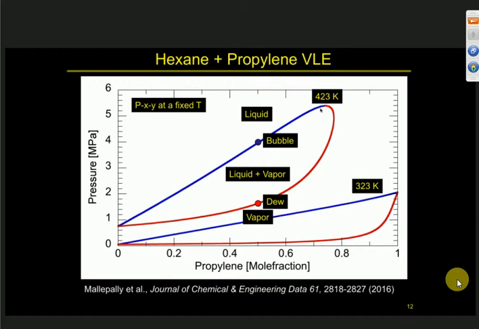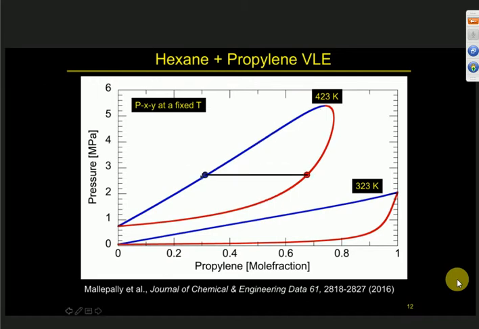Here let me talk about this tie line. Your overall solution composition is, let's say, 50-50. When you are at these conditions, where the temperature is 150 degrees C and the pressure is 2.8 megapascals, what are your liquid phase and vapor phase compositions?